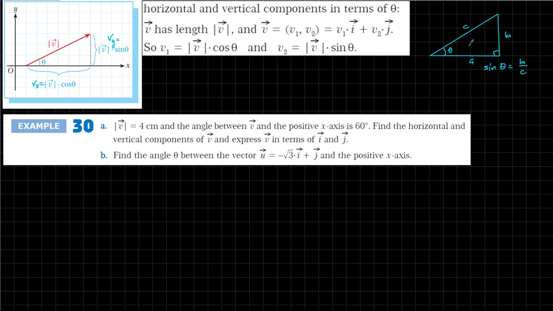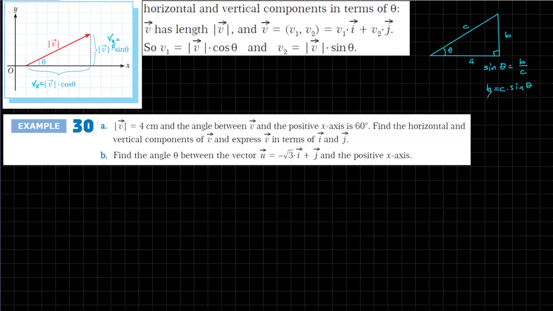It's opposite over hypotenuse. If you want to derive and find the B value, which is the opposite side, B becomes equal to C, which goes to the other side, C times sine theta. So when you derive the formula, you get this expression.